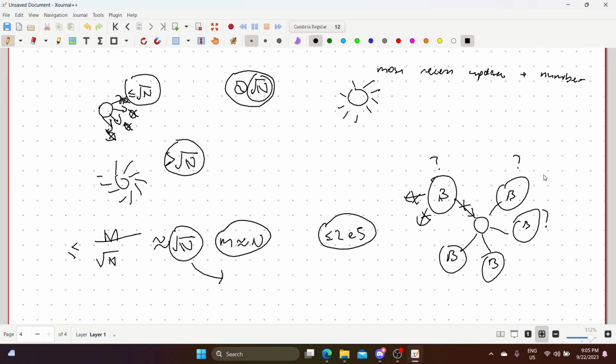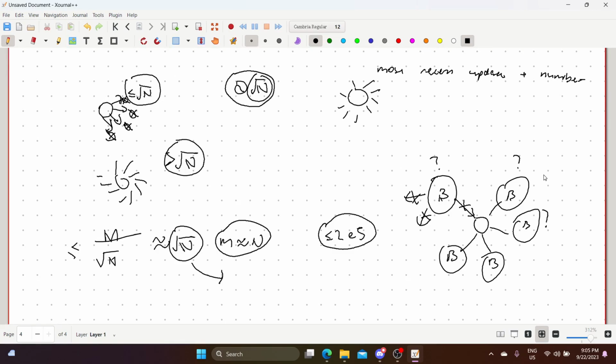So we need to visit all the big vertices to check their lazy tag. Their lazy tag is the most recent update and the number. Among all the big vertices, we see what is the most recent update, and we see whether it is more recent than what is updated here.